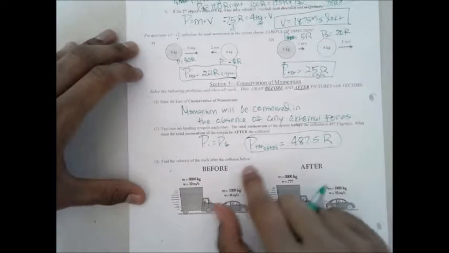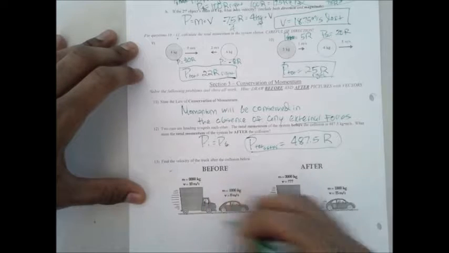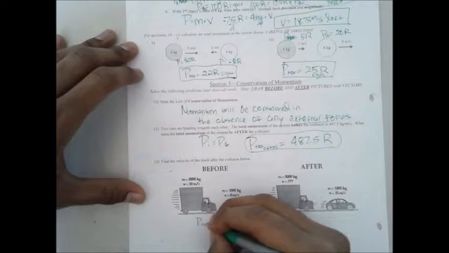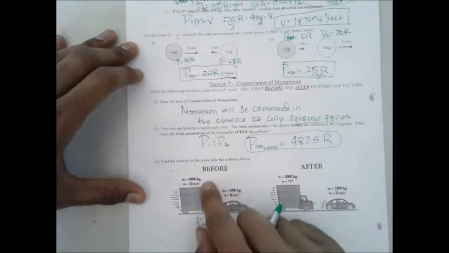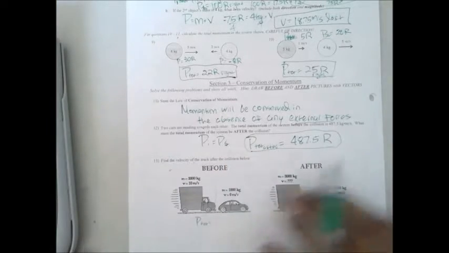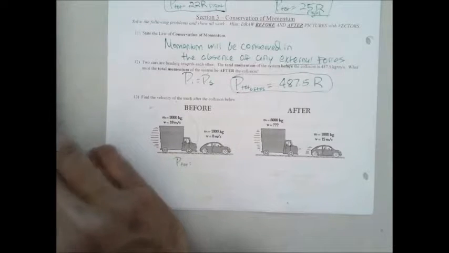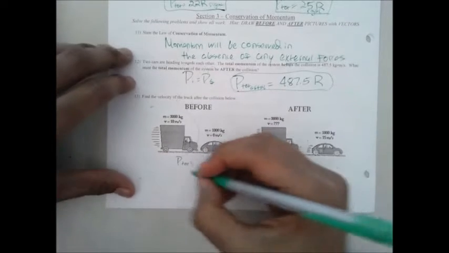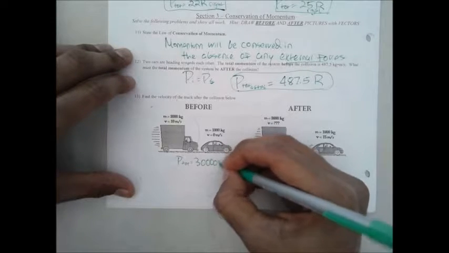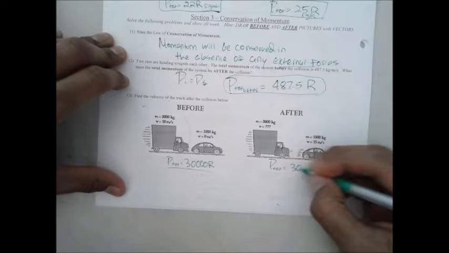Find the velocity of the truck after the collision below. So before, P total is equal to, this is the only thing that's moving. So the total momentum before is based solely off of the big old truck. It's going to be the same here.